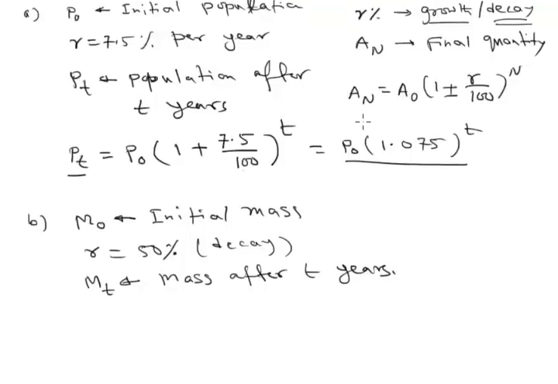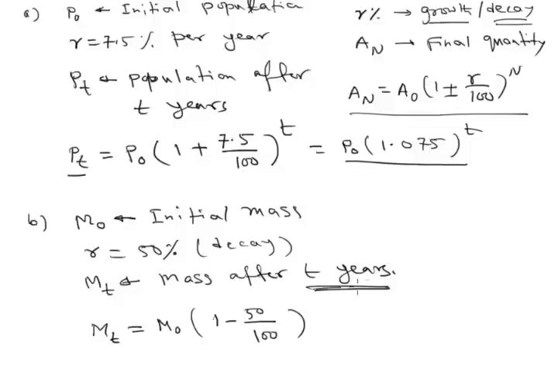then using this relation we can write the mass of the radioactive material after t years equals the initial mass M0 times 1 minus r, because this is a decay relation and the mass is reducing. The decay rate is 50%, so it will be 50 divided by 100. And how many such periods?